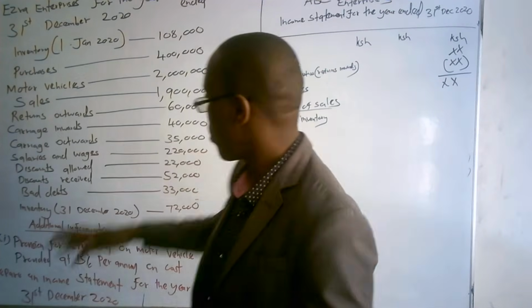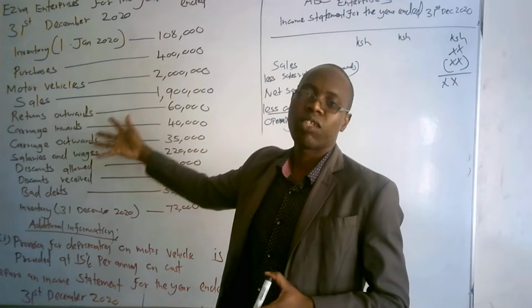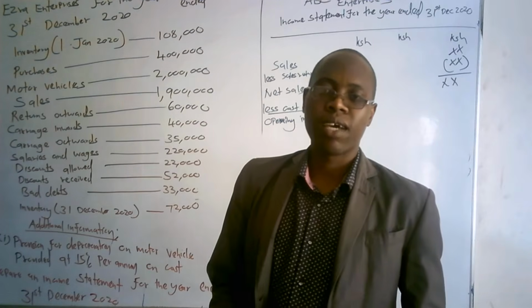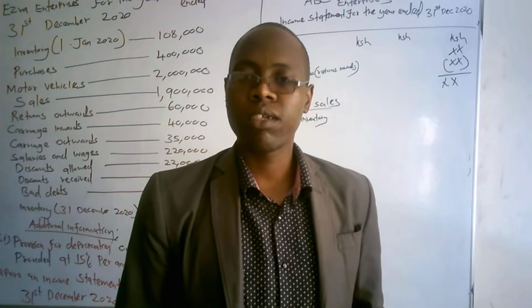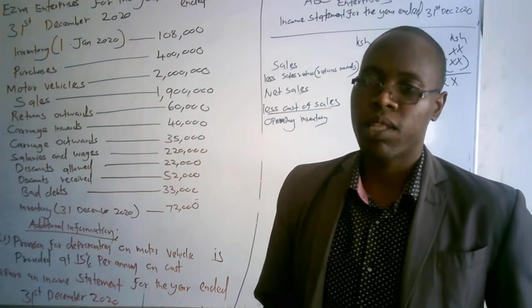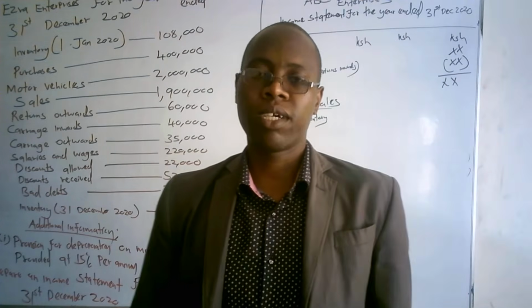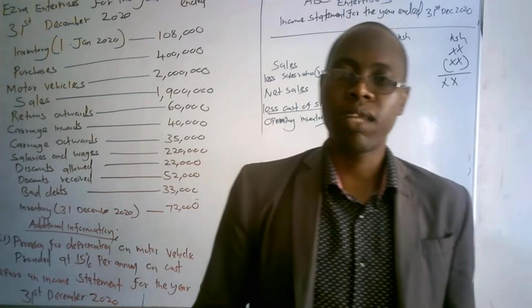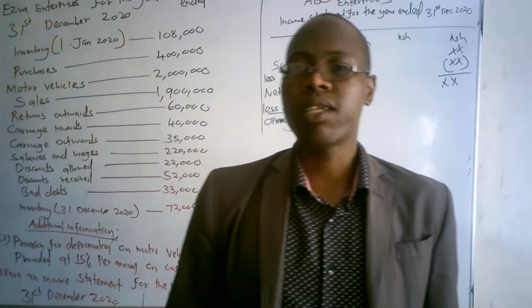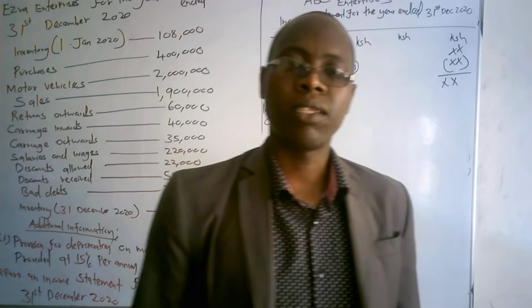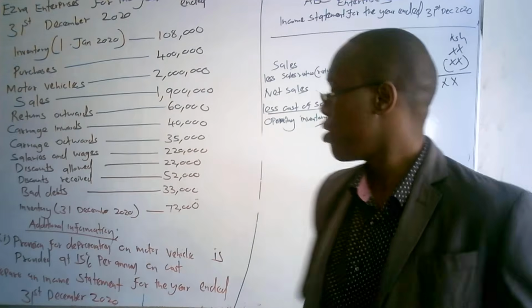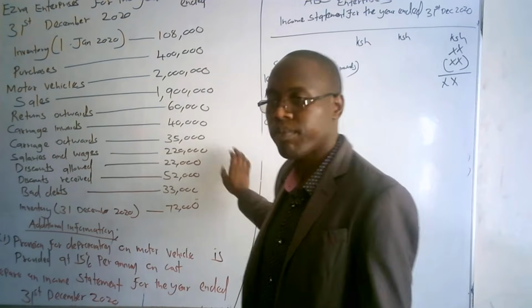So like this one, what you see here is a trial balance extract. I'm calling it a trial balance extract because you cannot see the debit side and also the credit side. So when you do not have the debit side and the credit side, that trial balance is just an extract.